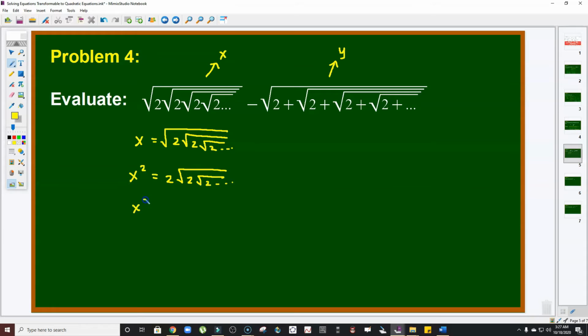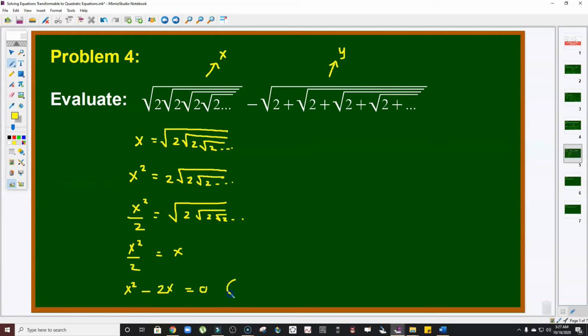So x squared over 2 equals this square root of 2, square root of 2, square root of 2. And take note, this is equal to x. So that is x squared over 2 equals x. Then combine like terms, cross multiply. So that will be equal to 2x. Then transpose mo, so that will be x squared minus 2x equals 0.